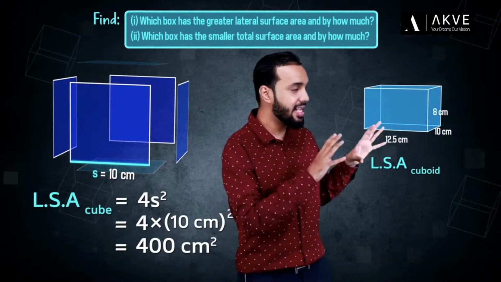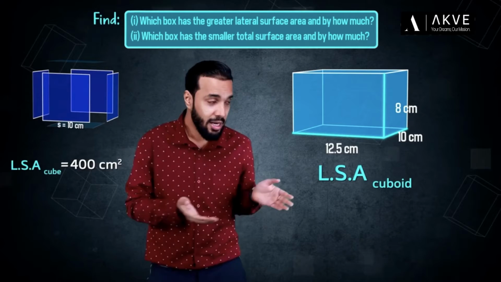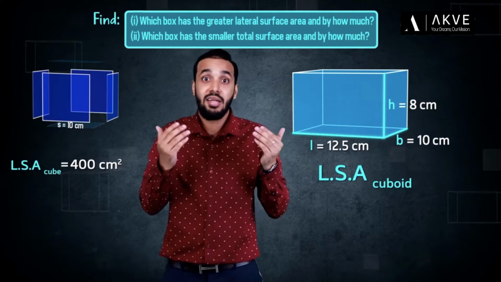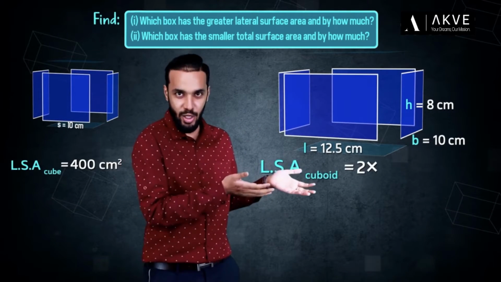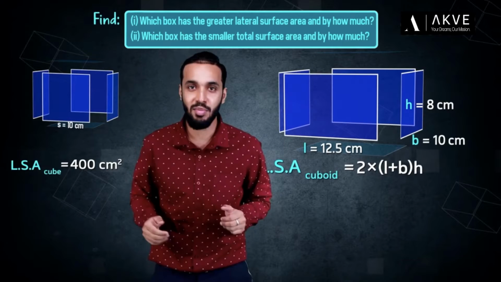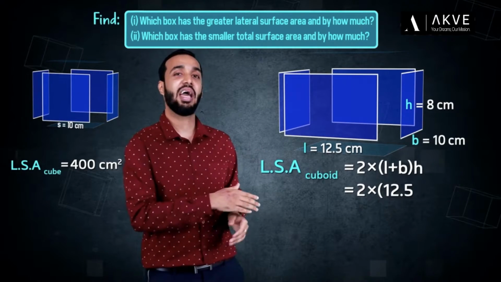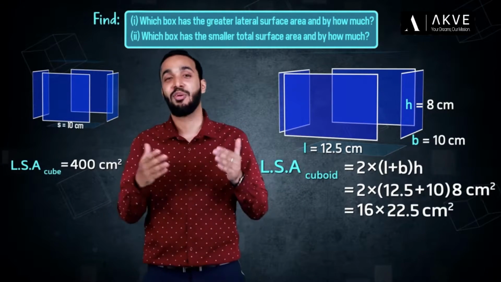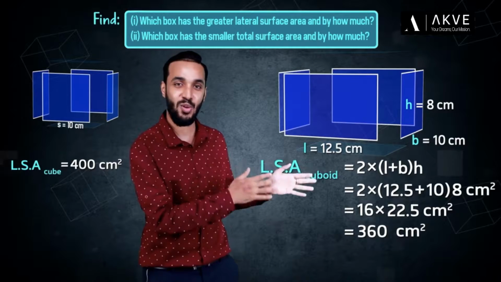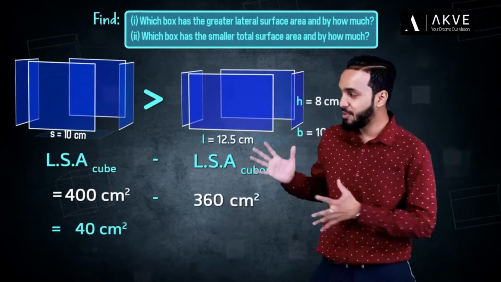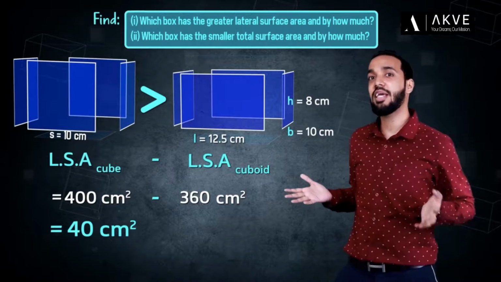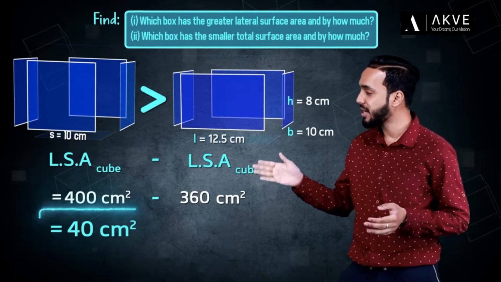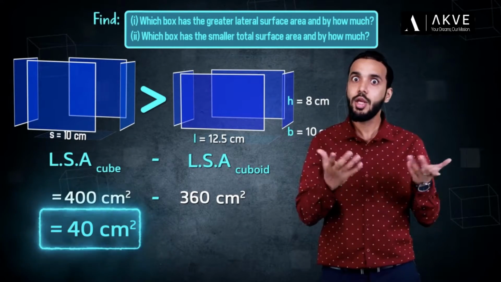And since the edge lengths of this cuboid are 12.5 centimeters, 10 centimeters and 8 centimeters, its lateral surface area would be 2 into (L plus B) into H, which is nothing but 2 into (12.5 plus 10) into 8. Following BODMAS to solve this, we finally arrive at 360 square centimeters. Thus, it's pretty evident that the lateral surface area of the cube is greater than that of the cuboid by 40 square centimeters.